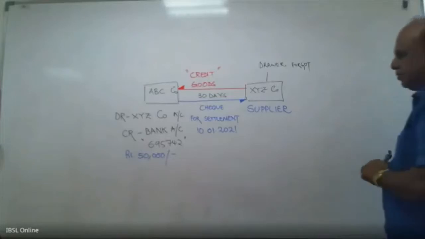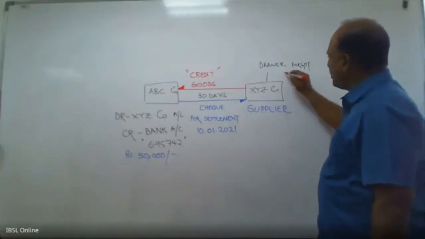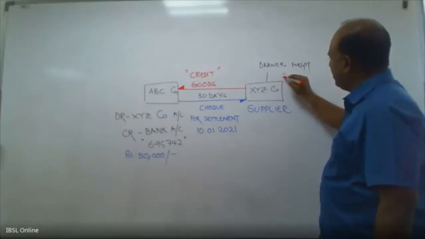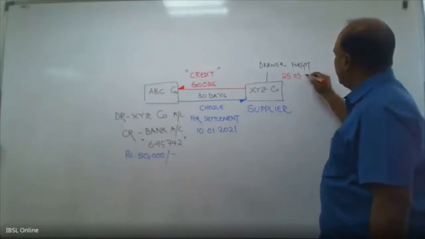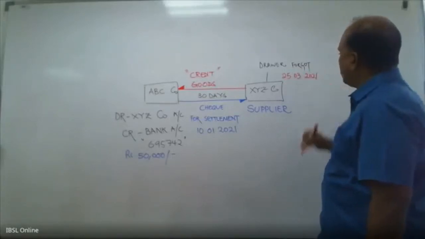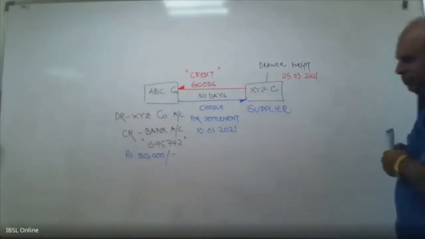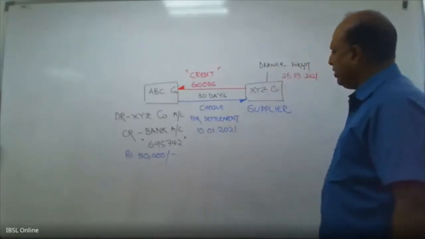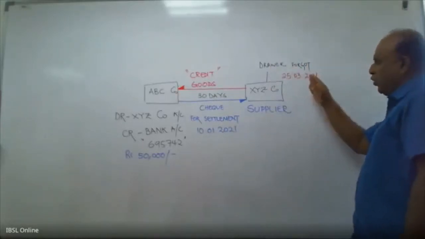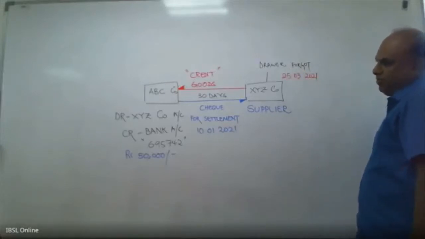Somehow he has missed it. He finds it, let's assume, just for example, somewhere on 25th of March 2021. So you have given the check on the 10th of January, but he is going to look at this check only in March.